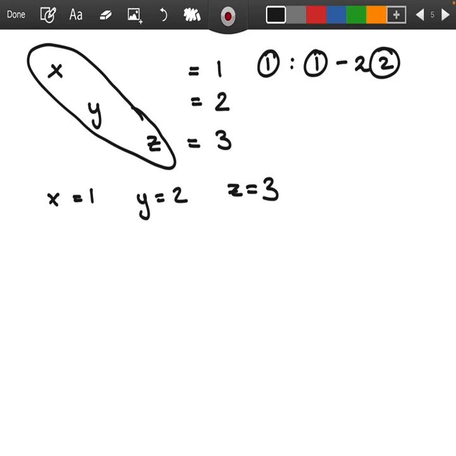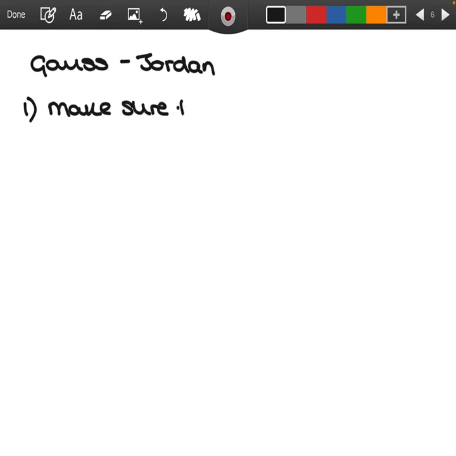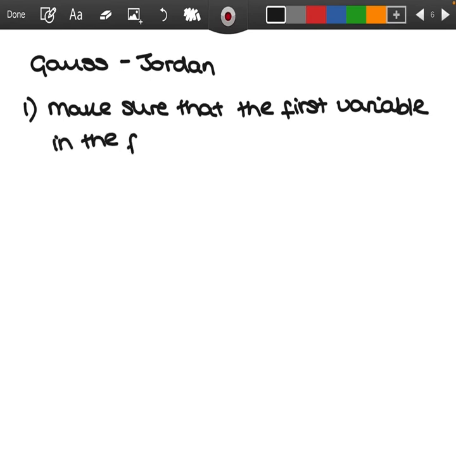Okay. So how have we done this? I want to make sure that we have this written down. We've got to go through our forward elimination and our backward elimination. So the first thing we did when we did this Gauss-Jordan, we made sure that the first variable in the first equation had a coefficient of 1.